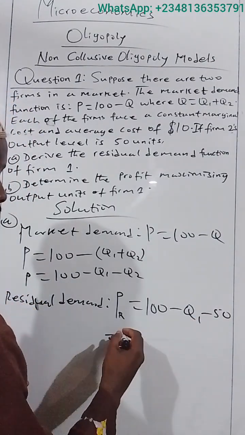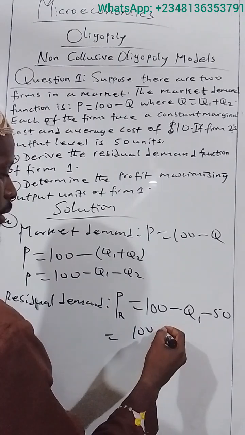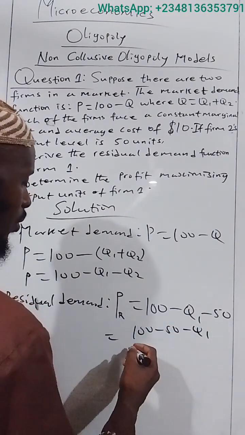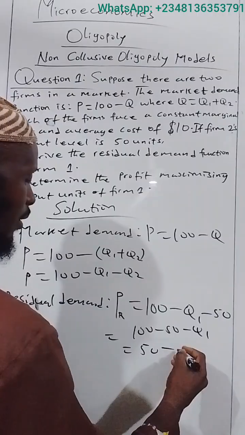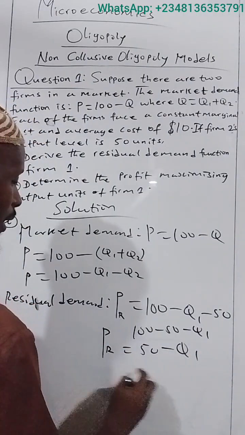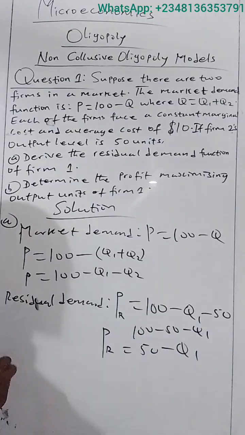So we have 100 minus 50 minus Q1, which is equal to 50 minus Q1. That is the residual demand function we are asked to derive.